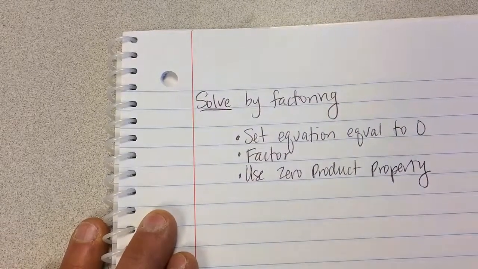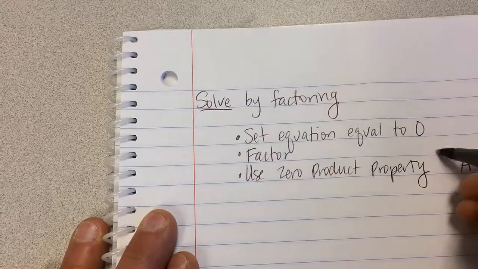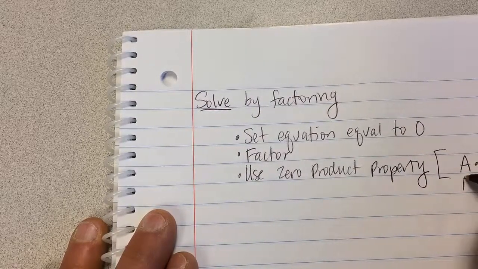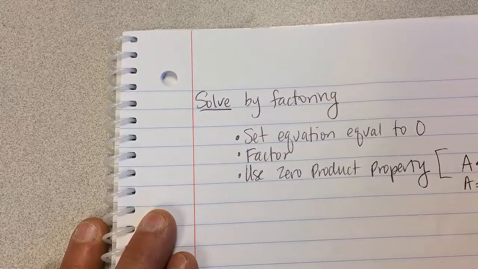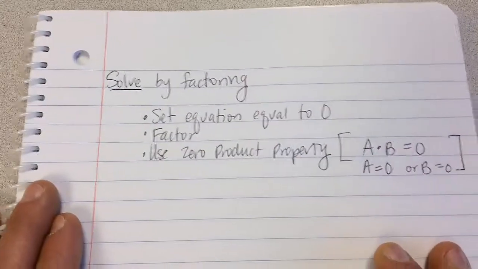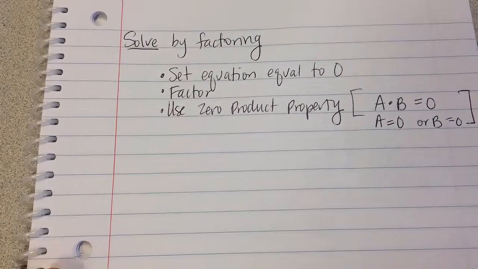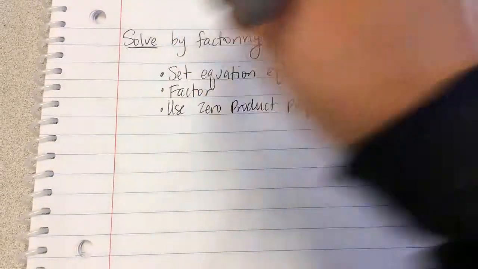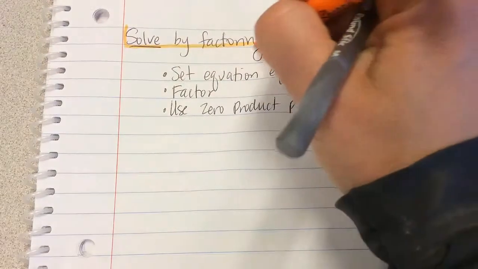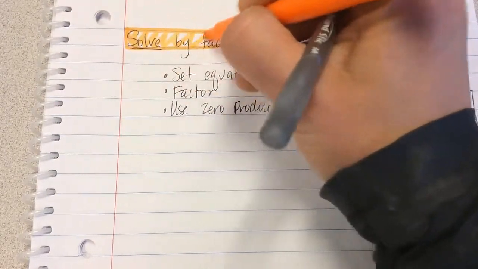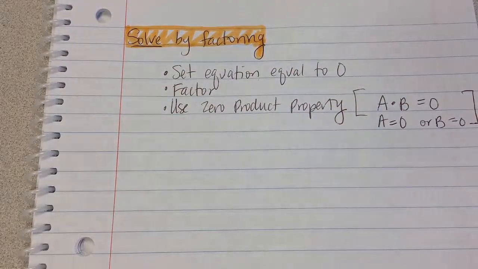Which means that if you have a times b equals 0, that either a equals 0 or b equals 0. That's what we talked about when we first started factoring or solving by factoring. So solving by factoring, this is the whole reason why we care about factoring. One of the big main reasons why we care about factoring is because then we can solve by factoring.